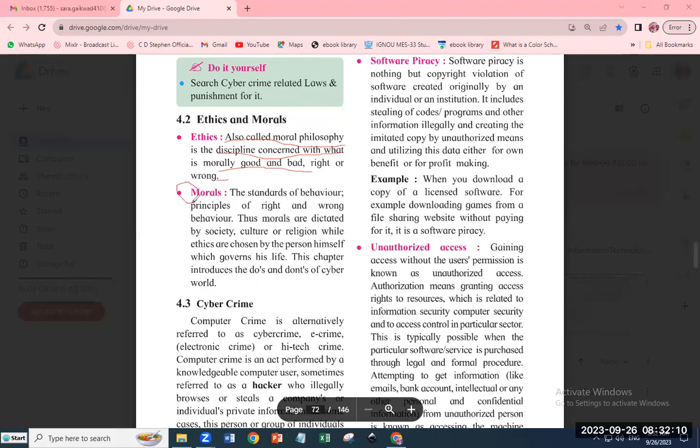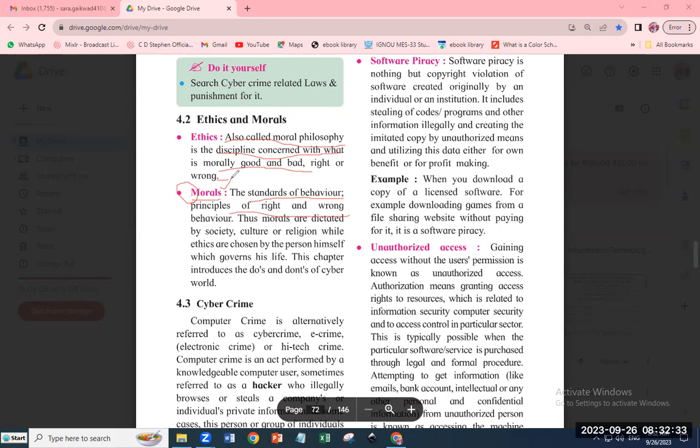Now, I'll explain morals first and then go to ethics. What do you mean by morals? We say moral stories, right? Those stories give me certain moral values, what is right and what is wrong. That standard of behavior, the principles of right and wrong behavior, are known as morals.